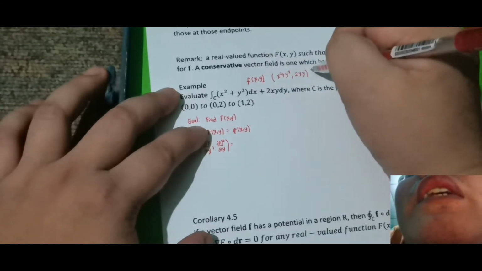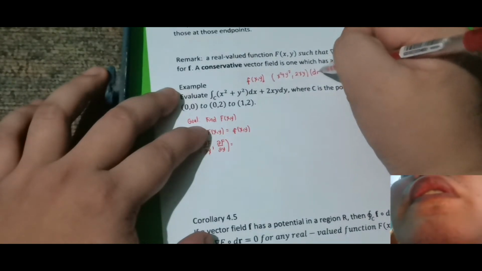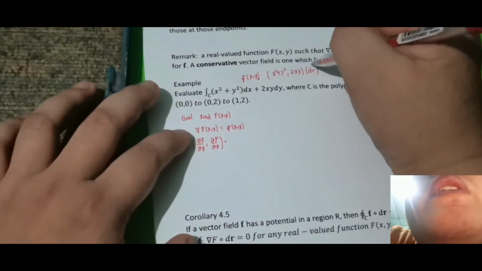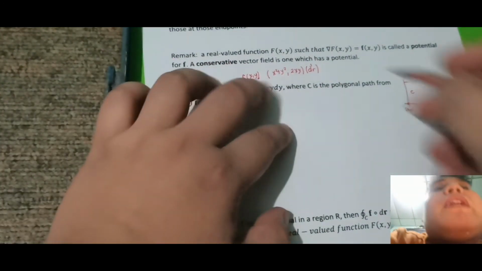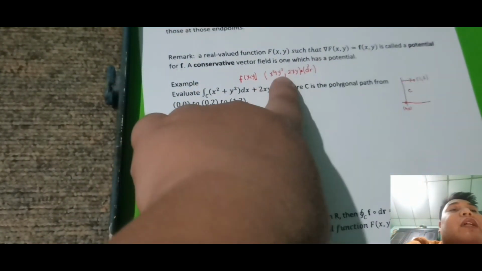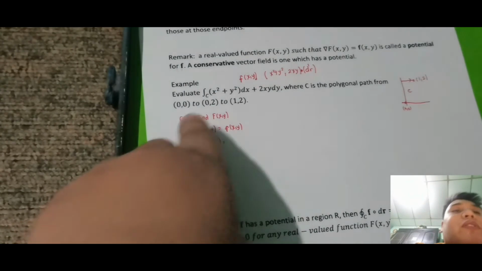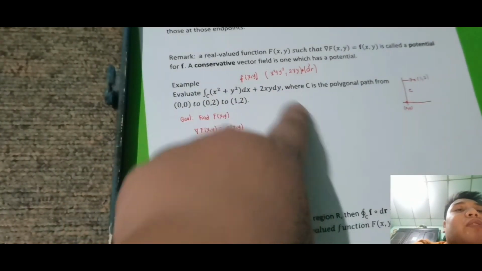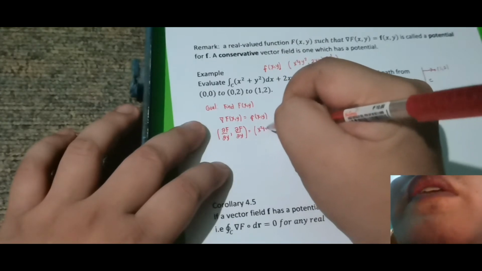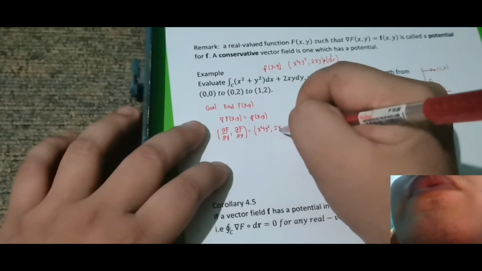Tapos, naka-multiply kasi yan dito sa dr. Okay, so dr. Pag dinot product mo yan, ito yung kakalabasan. Okay, so anong nangyari? Biniyak ko lang siya, binalik ko lang sa una. So, that is x squared plus y squared, 2xy.